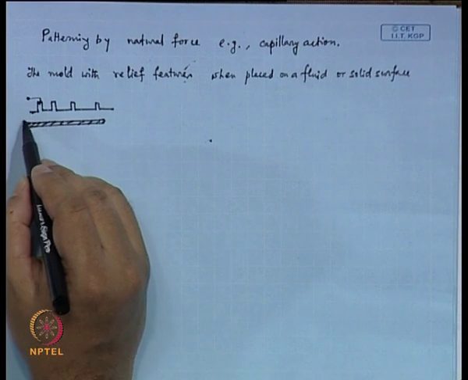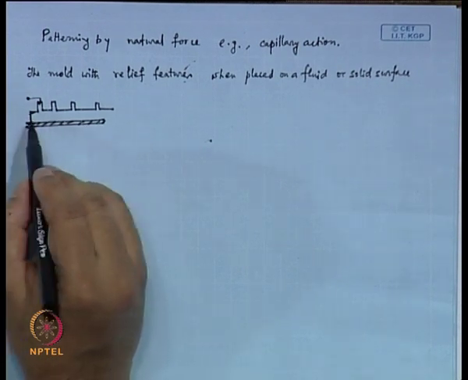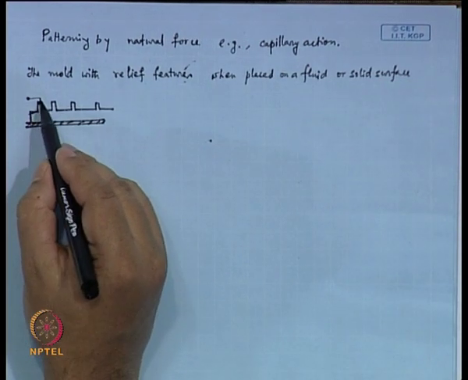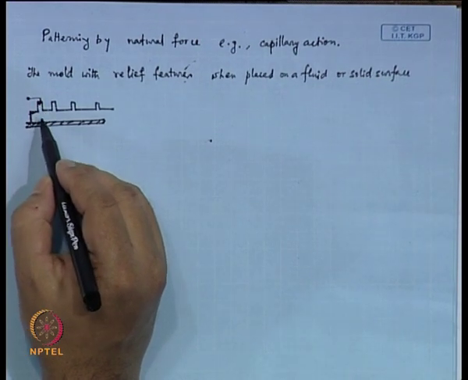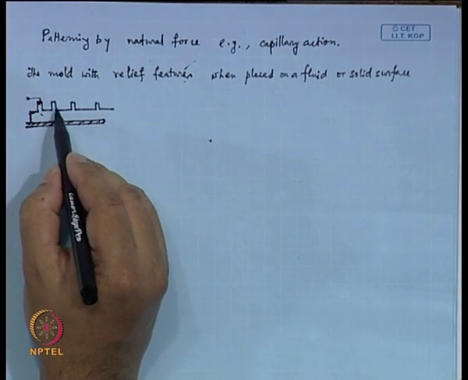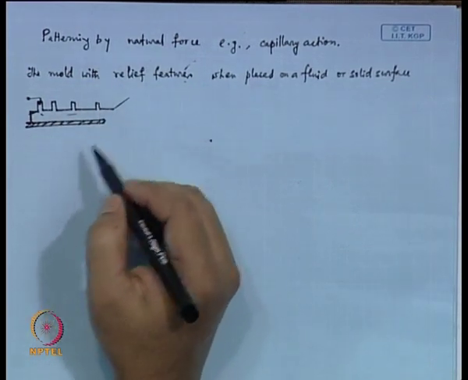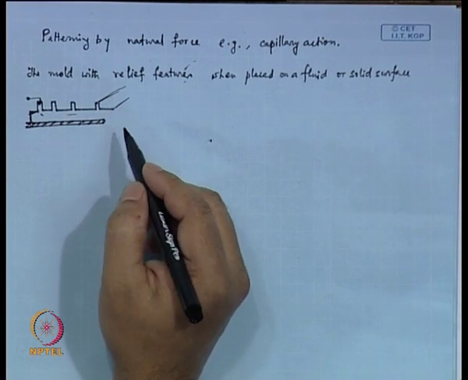So, this is brought in contact with this, so there is no spacing here. They are in contact, and then you are pouring the liquid at one end, and you will see that by capillary action it goes everywhere. This is the third dimension, all right. So, these channels also have a third dimension. You got my point, what I am trying to say.